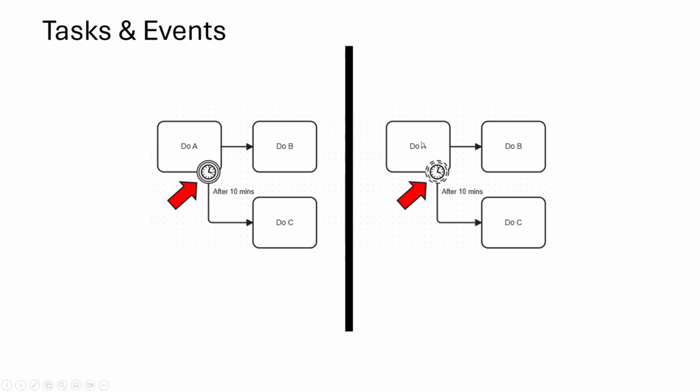However, if we finish activity A before the 10 minutes have passed, then we will do activity B, and activity C never gets conducted. That's the difference between non-interrupting events on the right and interrupting events on the left. Of course, instead of a timer event, you could use anything else, like a message event or a signal event, whatever you want.